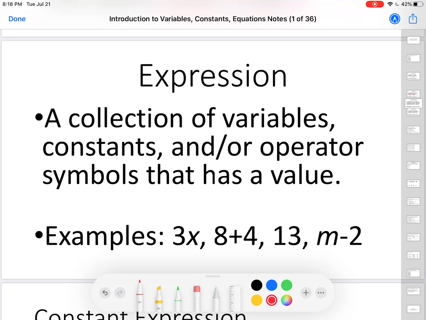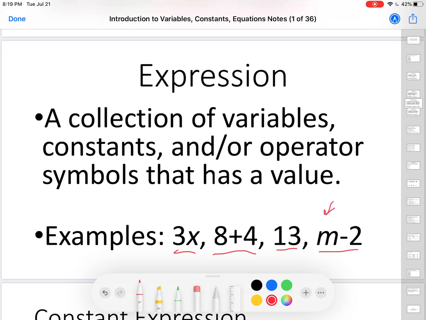So I've been using this word expression. What is an expression? It's a collection of variables, constants, and or operating symbols that has a value. 3x is an expression. 8 plus 4 is an expression. 13 is an expression. M minus 2 is an expression.